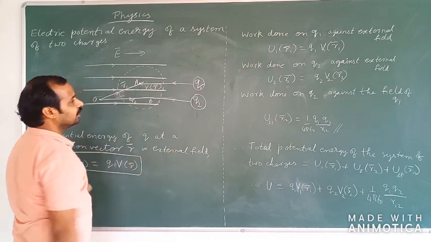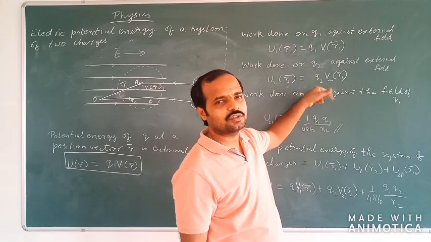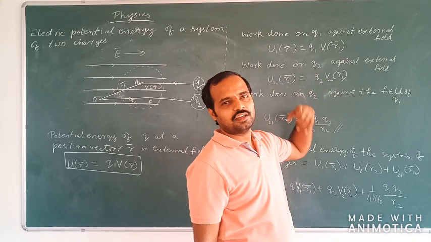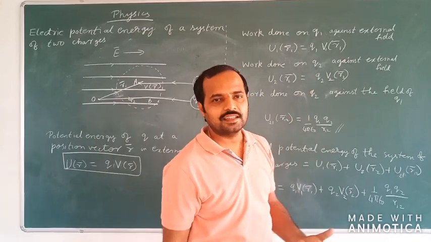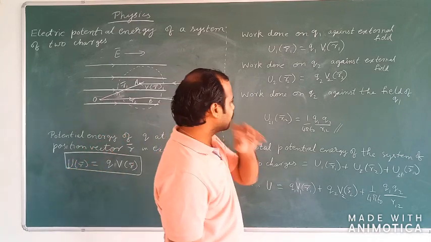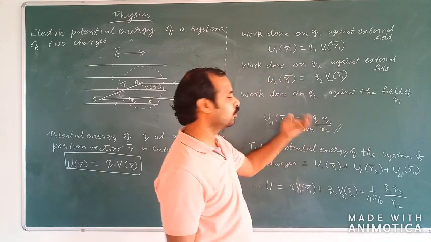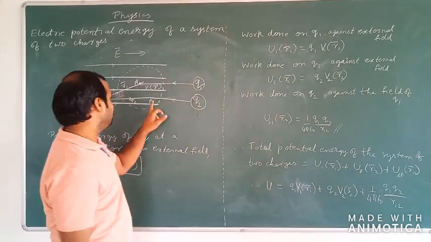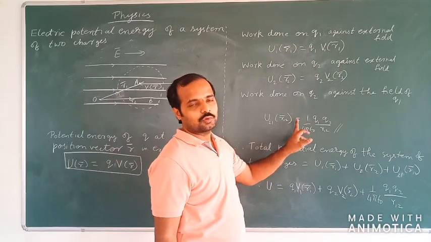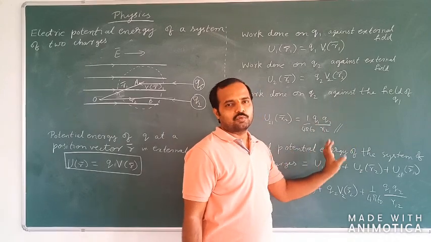So I have to deal with the potential energy stored in charge Q2 due to the external field, which I have already done, and along with this I also have to do some work against the electric field of the charge Q1. The work done against the field of Q1 on Q2 in bringing it to position B is given by U21 of R12 bar equal to 1 by 4 pi epsilon naught into Q1 Q2 by R12.